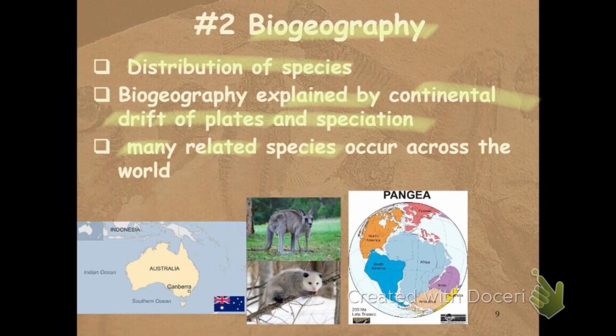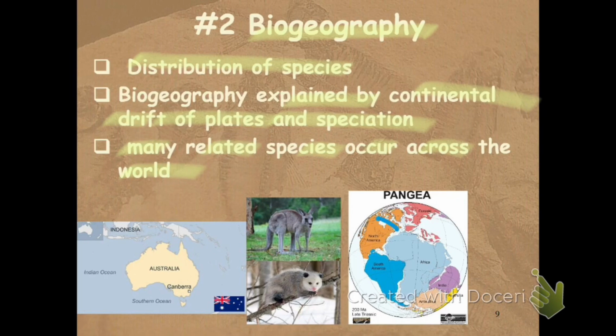Many related species occur across the world. So when you put all the plates back together as they would have been when Pangea existed, you can see bands of like species that stretch across every continent, even though those continents are no longer connected. This is biogeography.